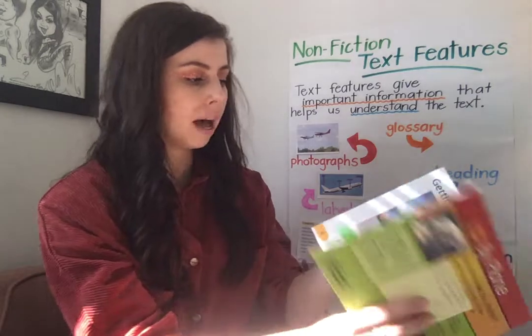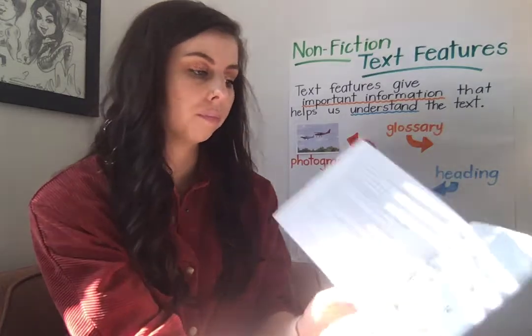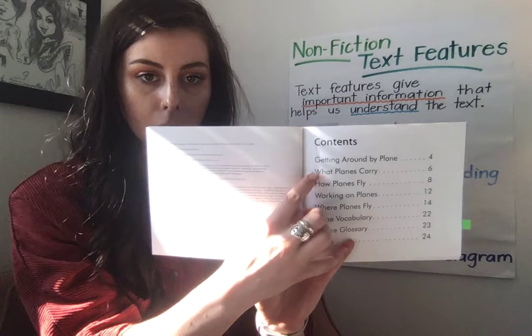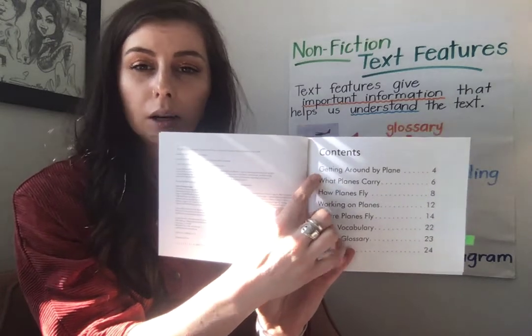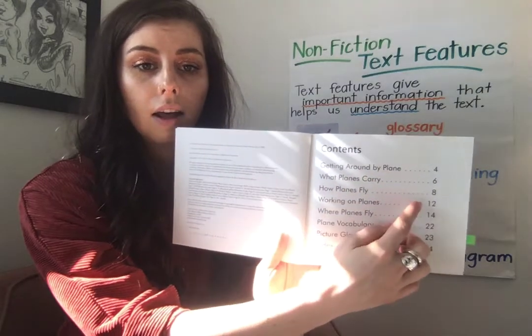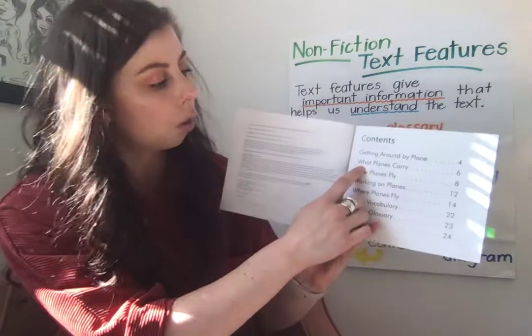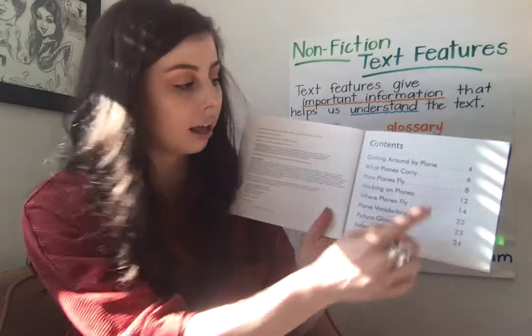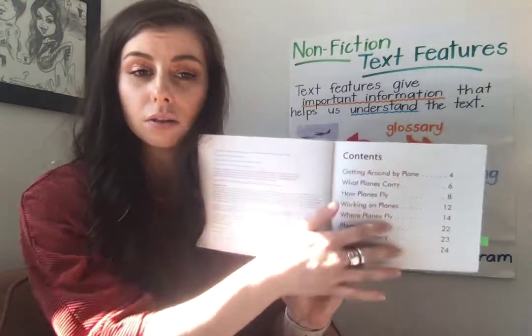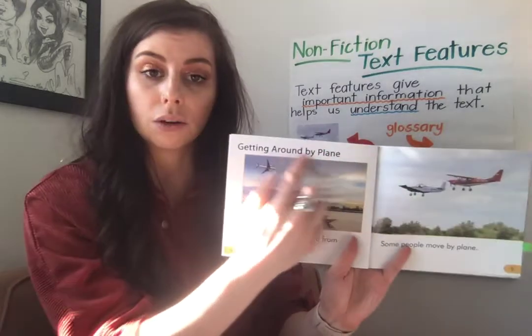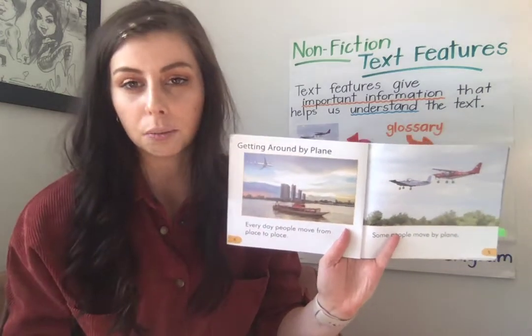So if you go back to the table of contents, you can see that on page 4, we're going to be talking about getting around by plane. We're going to be talking about getting around by plane until page 6, and then we'll find another heading that's what planes carry, and we'll talk about that until page 8. So this is where you'll find your headings or your contents, what's in the book, and then the headings let you know when you're going to be changing the topic or talking about something a little bit different.